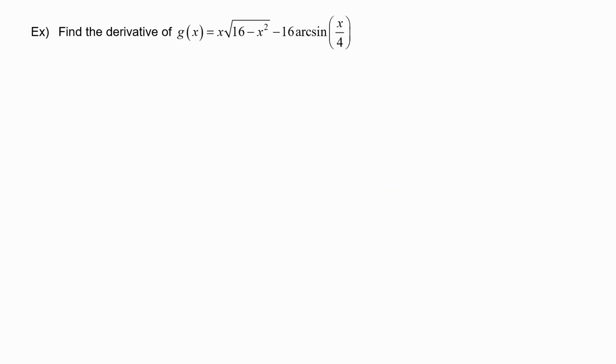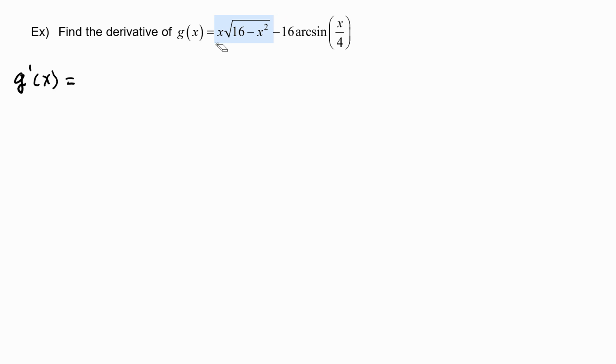In this example, we have to find the derivative of g of x equals x times the square root of the quantity 16 minus x squared minus 16 arcsine of the quantity x over 4. Well, g prime of x is going to equal, looking at this first term here, we see that we will need the product rule.